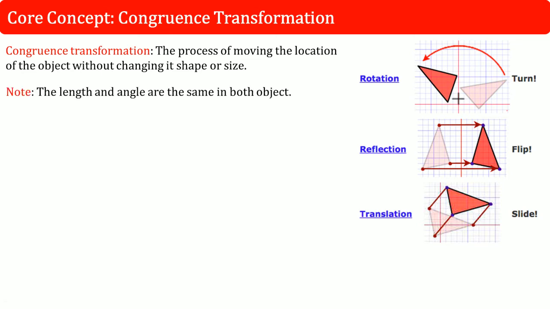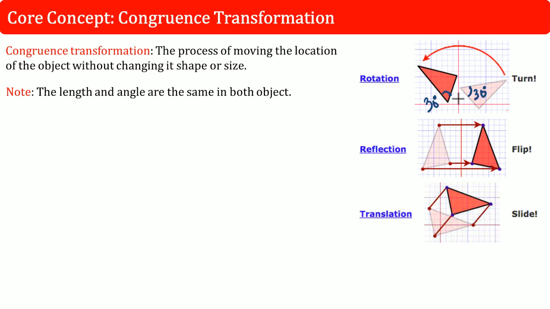Please note that the length and angles are the same in both figures. For example, if we see that the angle of, let's say, this is 30 degrees, when it was rotated, this was also 30 degrees.